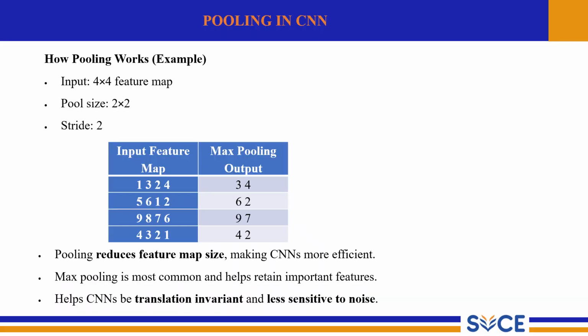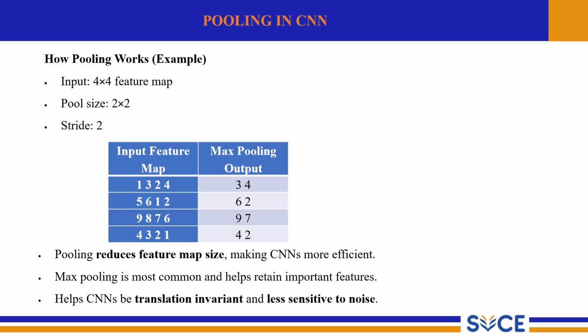And for the second row 5, 6, 1, 2, the maximum values are 6 and 2. In the third row, from 9 8 the maximum value is 9, and from 7 6 the maximum value is 7. And in the fourth row, in 4 3 the maximum value is 4, and in 2 1 the maximum value is 2.